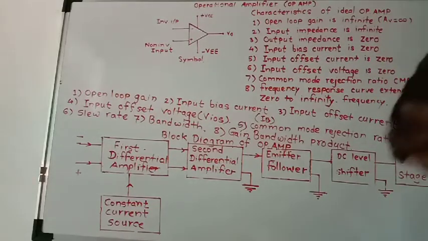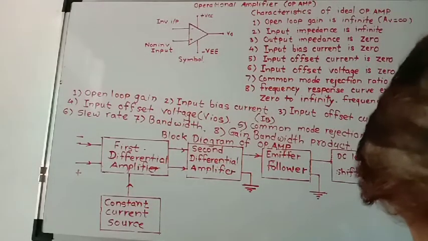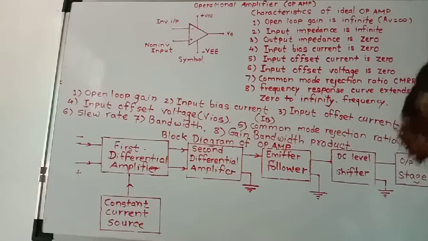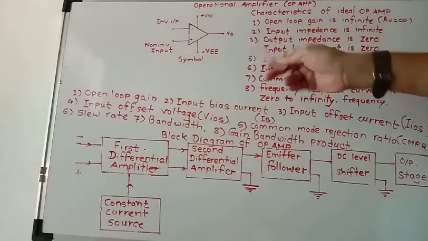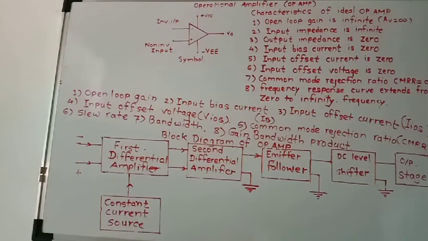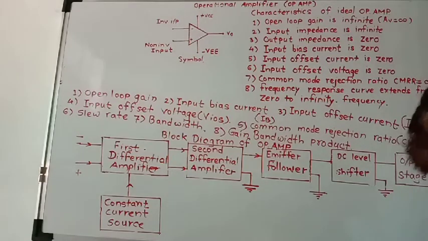So the slew rate decides the highest frequency of operation for a given op amp. Slew rate should be as high as possible. That is, a high slew rate is desirable.